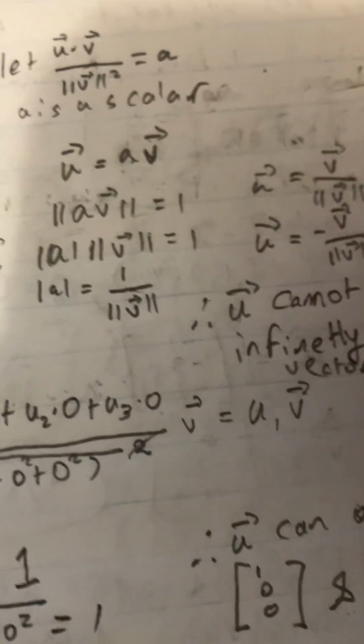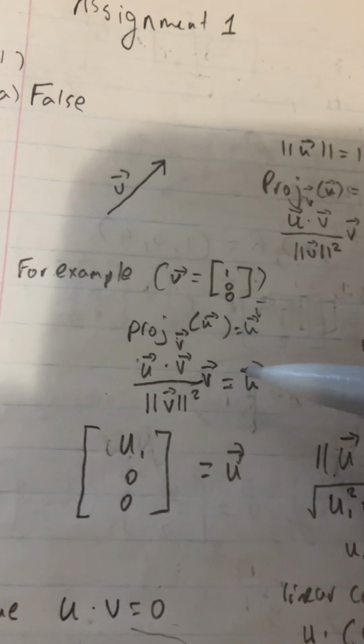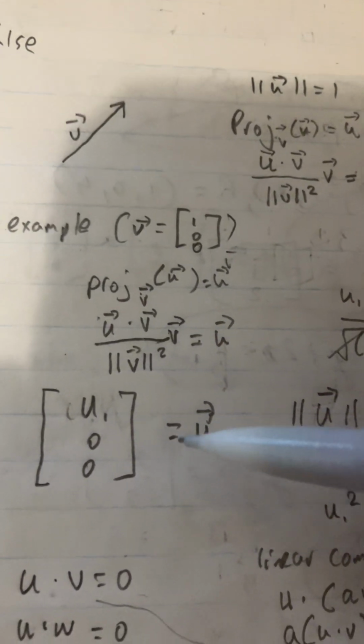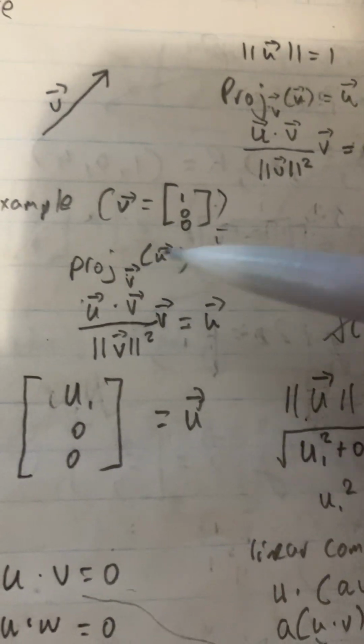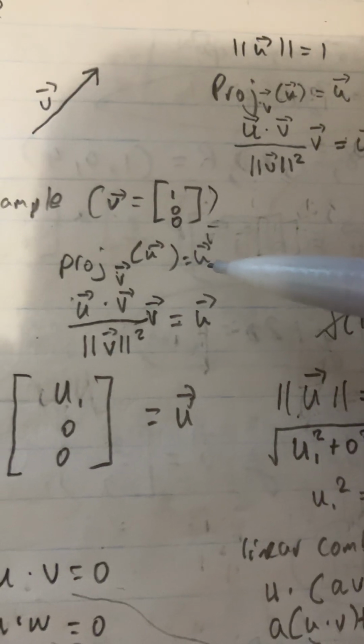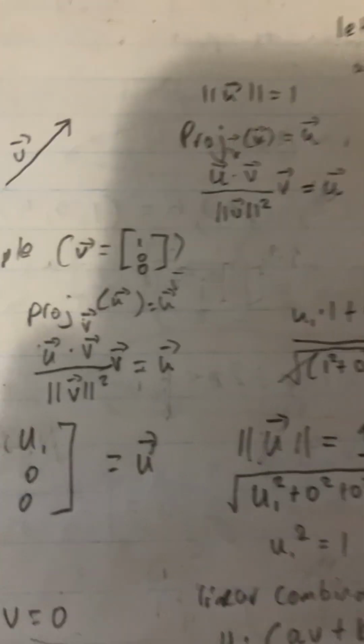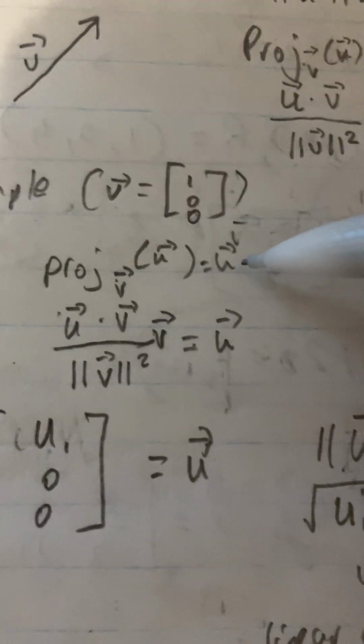Therefore, u cannot be infinitely many vectors. It can only be these two vectors. For example, if we have v equal to 1, 0, 0, we do the projection of v onto u equal to u.